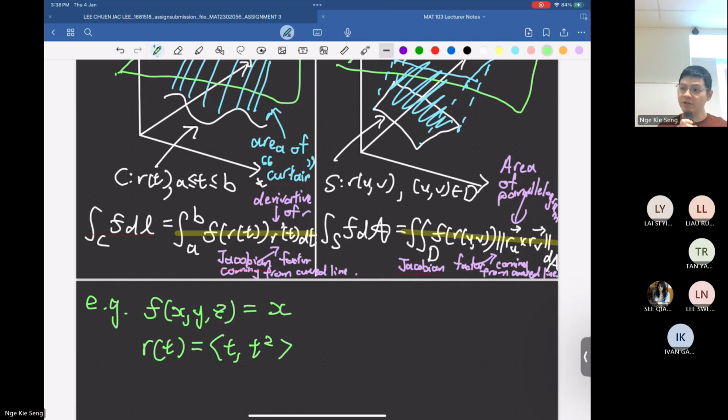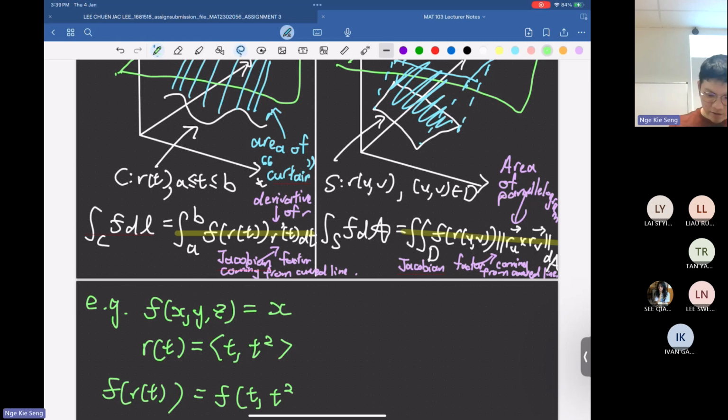So this is what I mean by vector calculus combining everything we have learned, because you need the parameterized equation, partial differentiation and integration. So in this case, what is F of r of t? F of t, t squared.